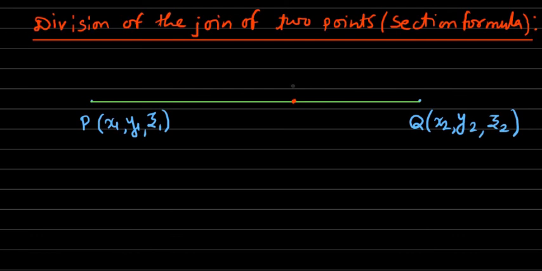This is the point R. Suppose this point R divides the segment PQ in the ratio m/n, which means that PR/RQ is the same as m/n.